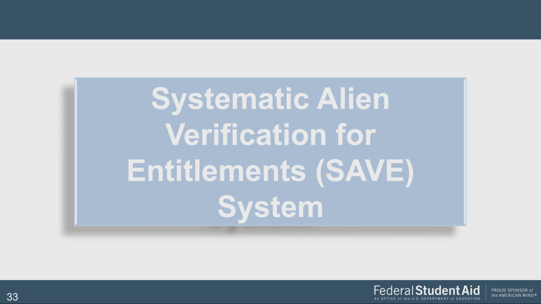Remember that a PDPA must create a subordinate third step only user ID to submit third step verification requests. You'll find user ID setup information at the beginning of the SAVE instructions for ED school users document on the IFAP DHS SAVE eligible non-citizen information page.